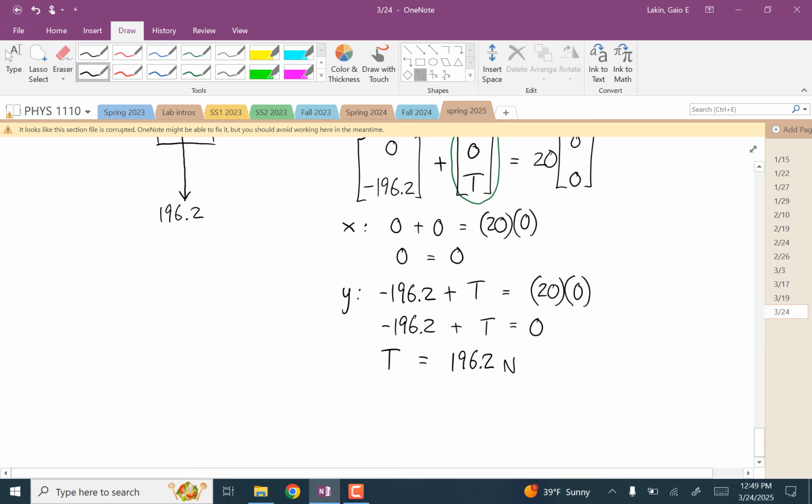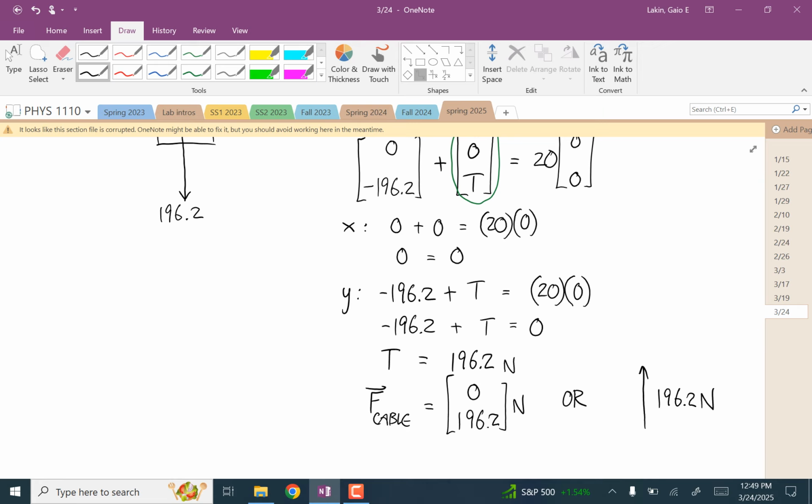And so we can say that the force on the block by the cable, plug the 196.2 in there, is equal to 0, 196.2 newtons. This means it's in the positive y direction, so it's a force up with a magnitude of 196.2. Any questions about that? Okay.